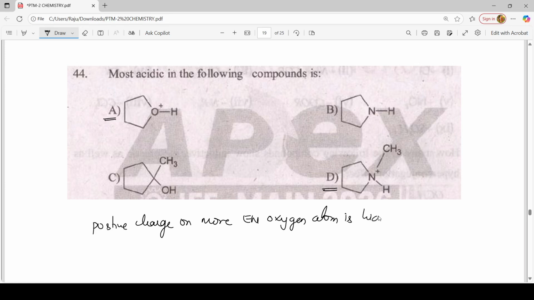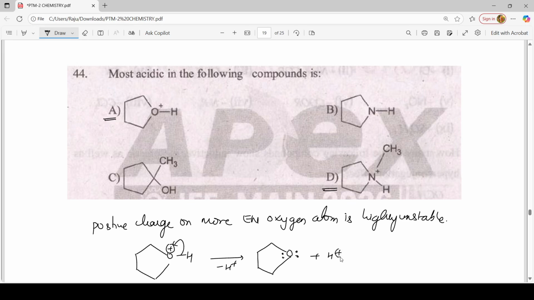So when it is highly unstable, definitely it releases the H plus ion and neutralizes the positive charge. That's why the first option is more acidic when you make a relative comparison among the given four options.